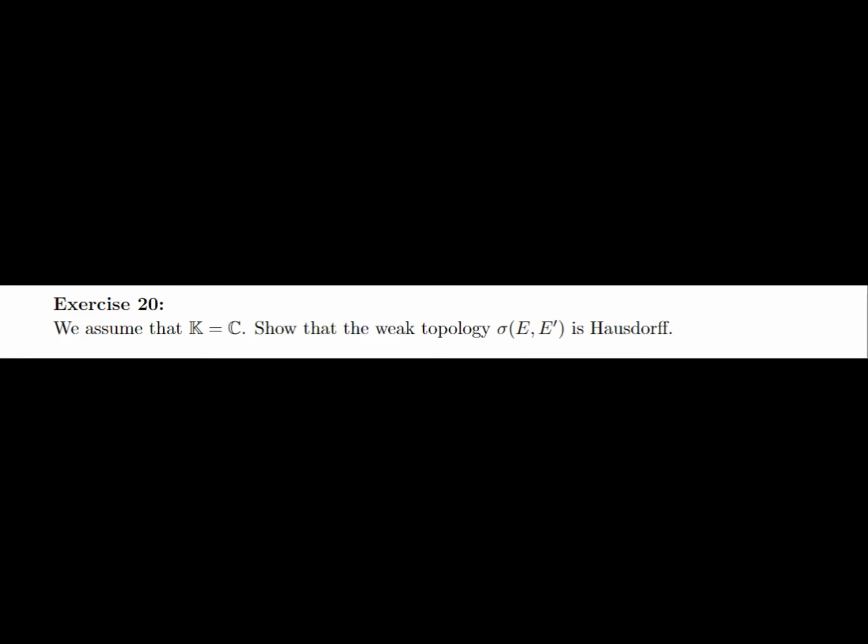So first we have two points in E, X and Y. X is different from Y, and we look for two open sets U, V in the weak topology such that X is in U, Y is in V, and we want that U and V have nothing in common.